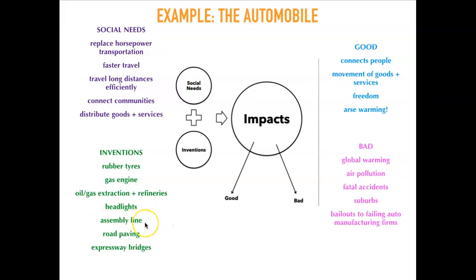Other inventions that needed to be in place in the system of producing automobiles, of course, the assembly line. Being able to create bits and pieces of large automobiles in one plant or in one region needed to be figured out and developed.